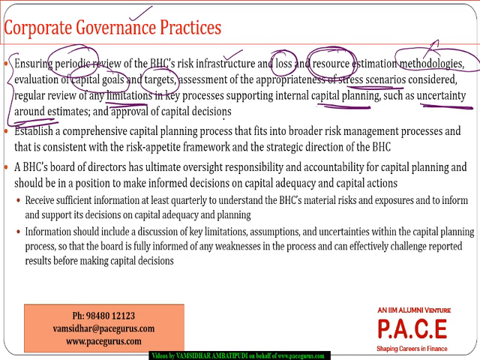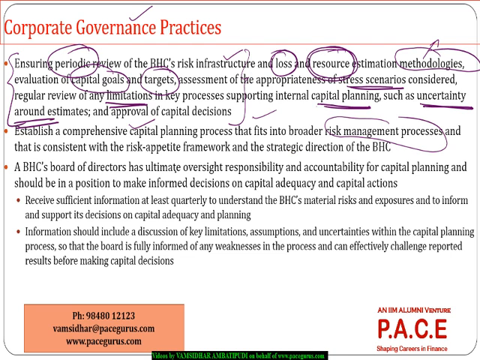So that's one aspect. The board and the senior management have to ensure that all these things are properly in place. But a bit more than that, as a senior manager in the company, or as a member of the board, it's an important role to establish a comprehensive capital planning process which fits into the broader risk management process.